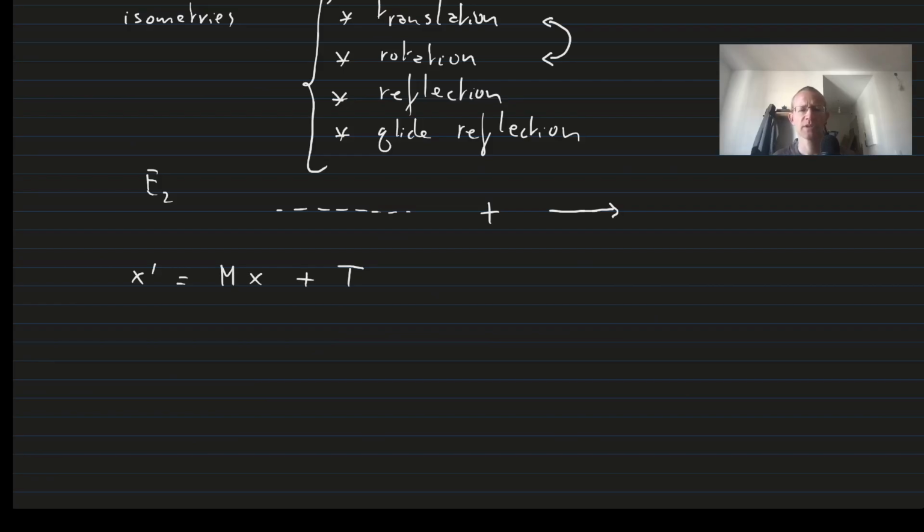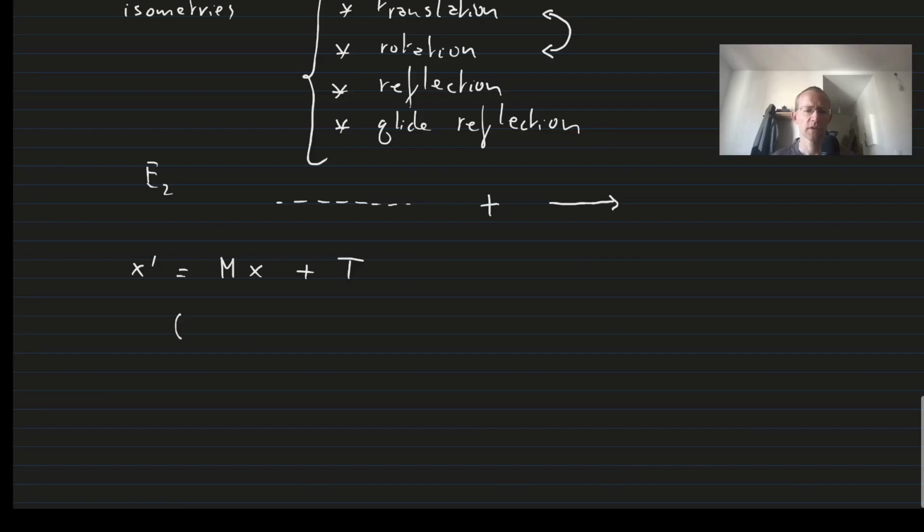The translation may depend on the matrix M, just like in a glide reflection. All of the transformations where M is equal to 1 and we have a generic t, these are translations, and they form a subgroup of the crystallographic group, which is the symmetry of a certain pattern in space.